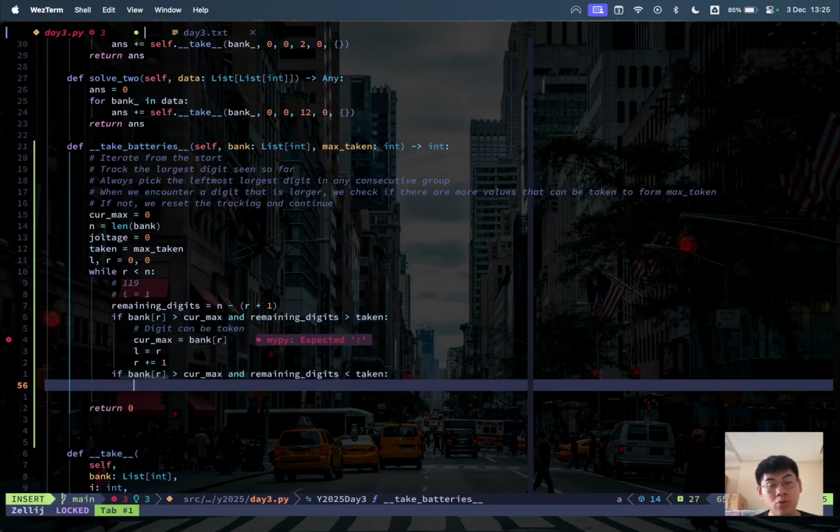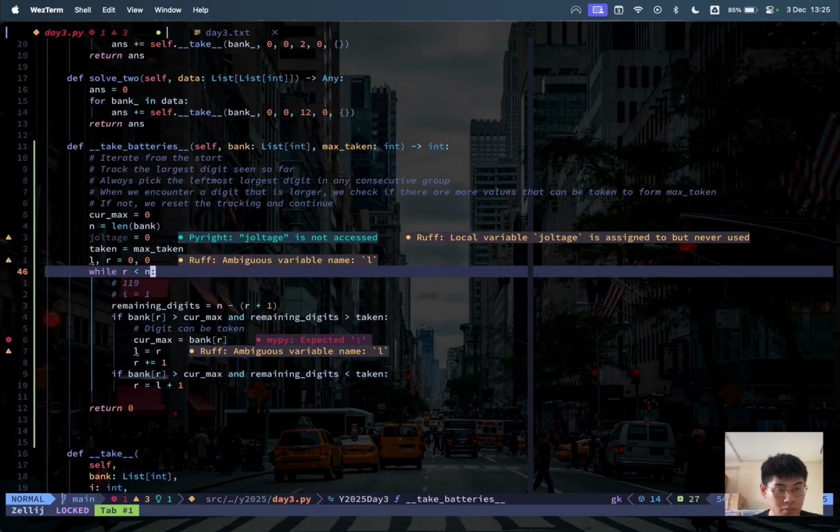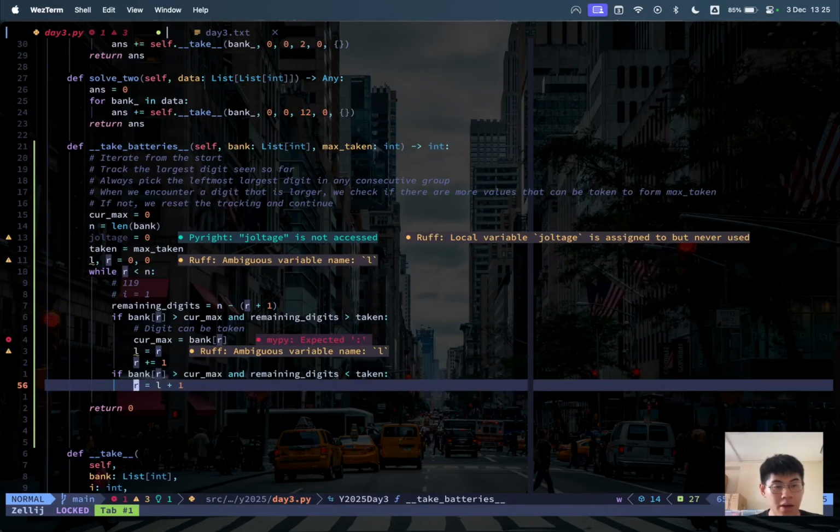So if there are not enough digits to spare, assuming we found a number that is greater, but we cannot take this because the remaining digits do not satisfy the number of takens that I require, I will say that now the right goes back to the left plus 1.